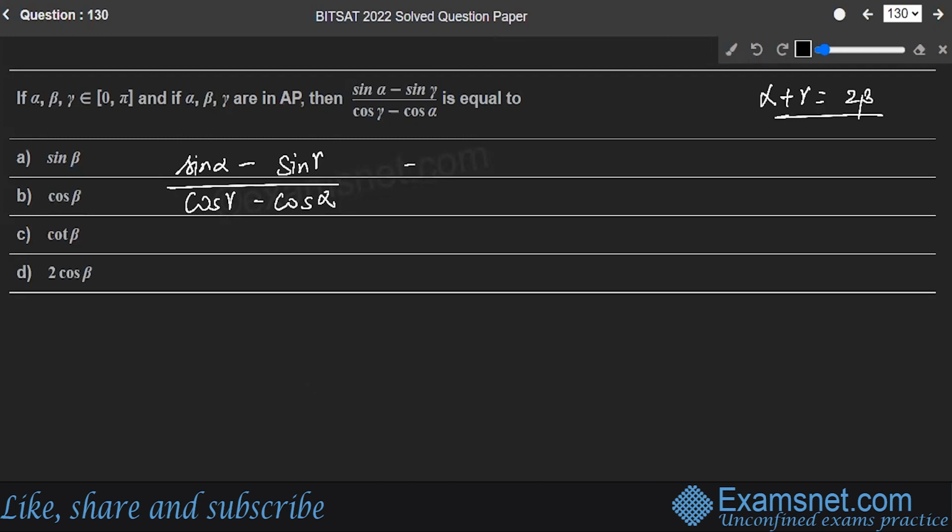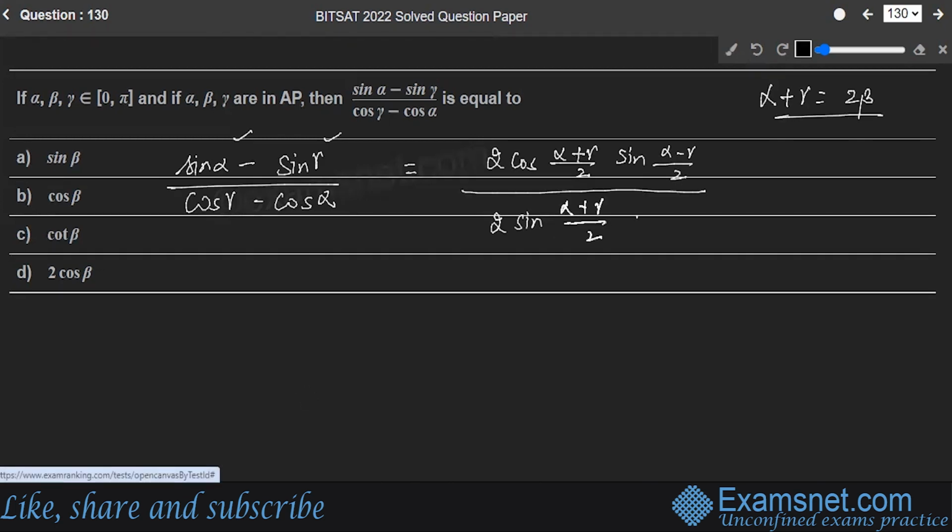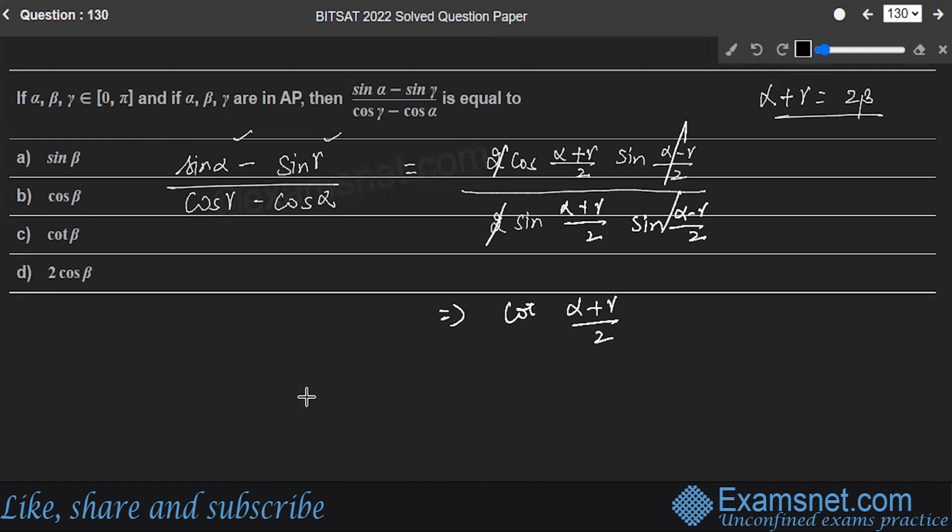So this can be written as sin A minus sin B, which is 2 cos (A plus B) upon 2 sin (A minus B) upon 2, whole thing divided by 2 sin (alpha plus gamma) upon 2 sin (alpha minus gamma) upon 2. So these two things will cancel, and you will have cot (alpha plus gamma) upon 2.